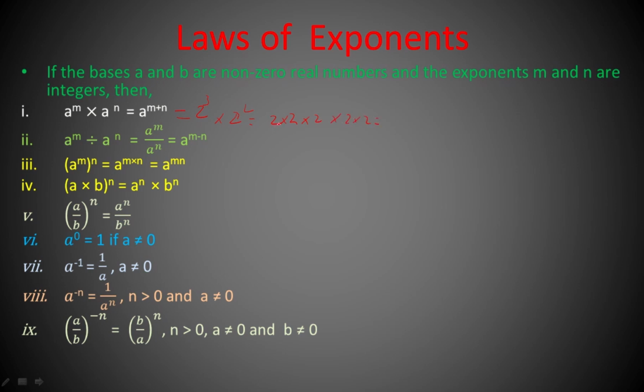So we have five 2's. This can be written as 2 to the power of 5, or in short 2 to the power of 3 plus 2, which is 2 to the power of 5. This is the property of exponents. If we have the same base and different exponents, during multiplication we add only the exponents.